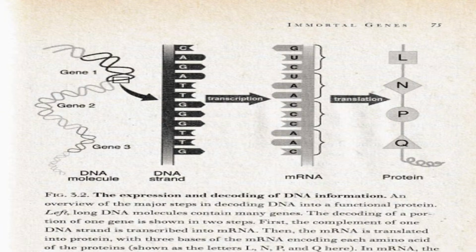So that messenger RNA then works in triplets, as we talked about, and the triplets code for one of the 20 different amino acids that are the building blocks of life. So GUC makes a certain amino acid. Then UAA codes for another amino acid.